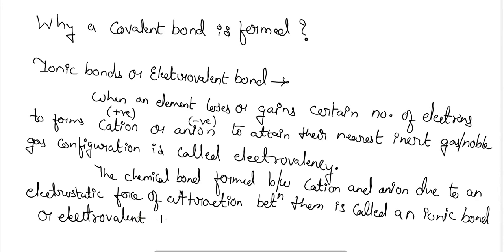Electrovalent bond. So in this ionic bond or electrovalent bond, they were losing or gaining electrons in order to form cations and anions. When these were formed, let us say M is a cation and N is an anion.